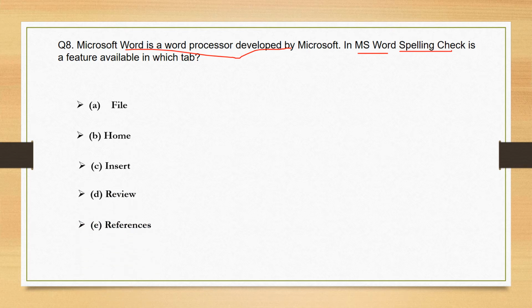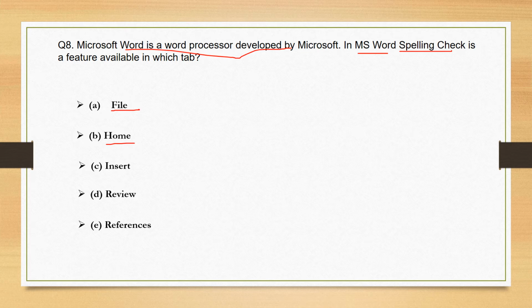So out of these options, in file we can basically save the current document. In home we have different options, like we can edit, we have different layouts, and we can select the text, whatever text and whatever style you want to take.